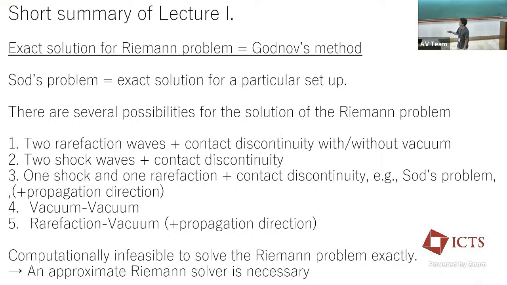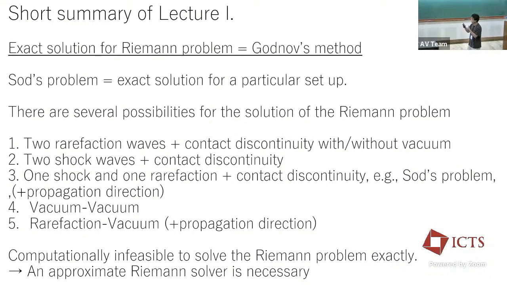One is two rarefaction waves plus a contact discontinuity, with or without vacuum. The second possibility is two shock waves propagating outward, with a contact discontinuity between them. The third is one shock and one rarefaction plus a contact discontinuity. The problem you solved is representative of this situation.